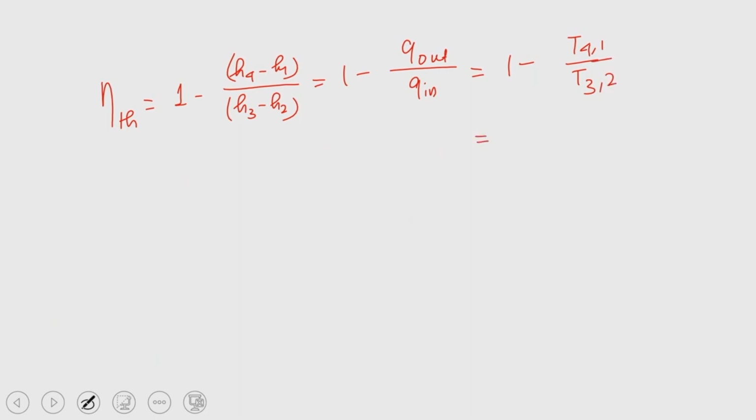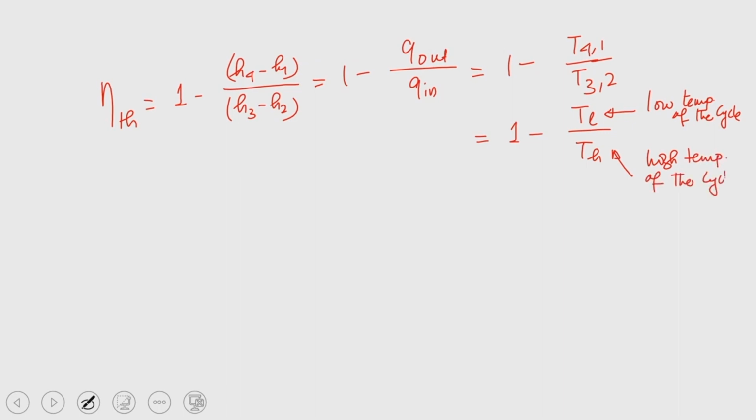So, this is what we can write for the reversible processes that you have studied in thermodynamics. So, we can write 1 minus T lower divided by T higher. So, this is the low temperature of the cycle and this is the high temperature of the cycle.